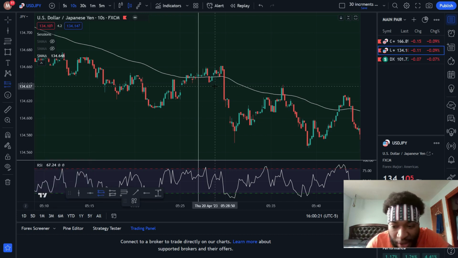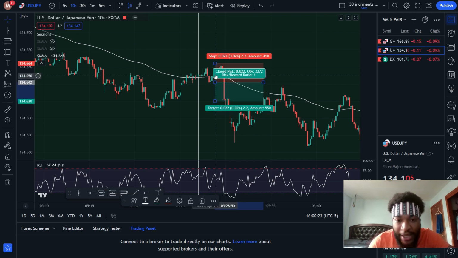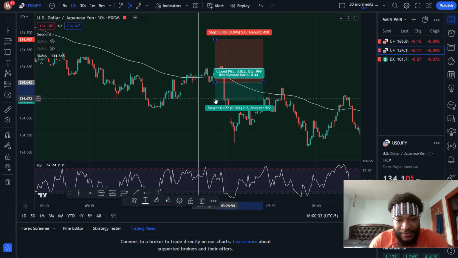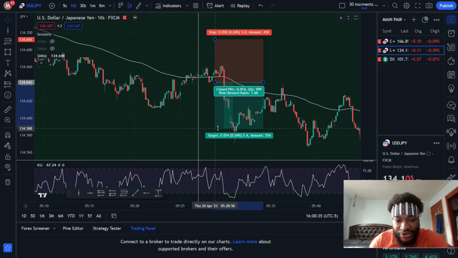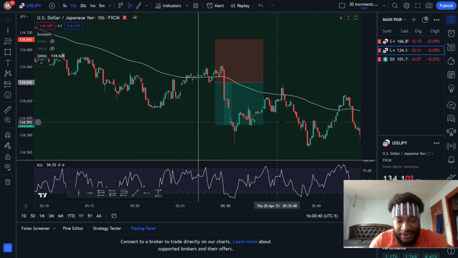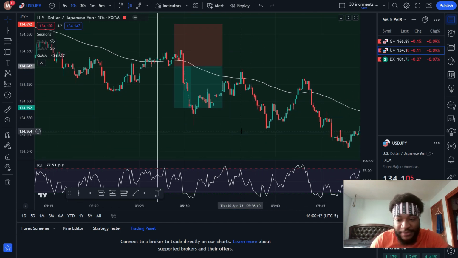And this is how I catch these moves, y'all. I hope this is making sense. I know I'm a little tired, but I hope it's making sense. I hope you're just following along. This is how you can catch your 5 pips, 5 to 10 pips daily. See that? Easy. Risk your 5 pips.